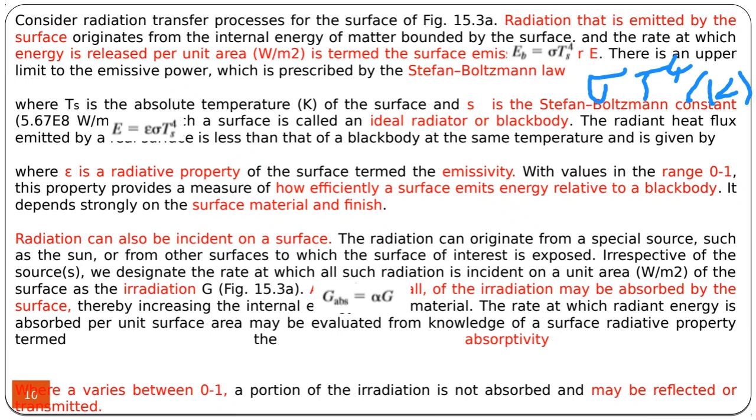Because of the size of the two objects and the distance between them, not all the energy arrives on the Earth, of course. This is the total emissive power from the sun's surface. So if you calculate the portion of the energy leaving the sun and arriving at the Earth, you get the actual solar energy received by the Earth. Do you have any idea how much that is in watts per square meter? The solar energy.